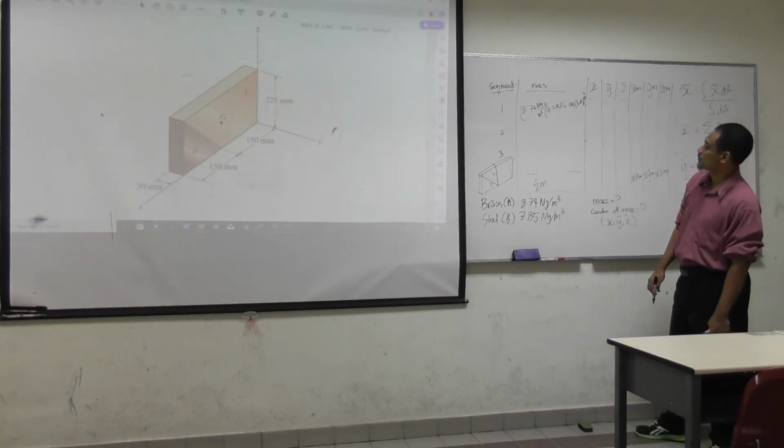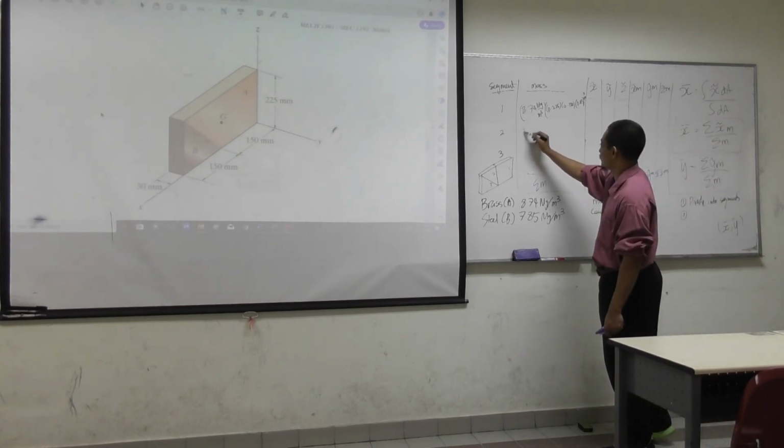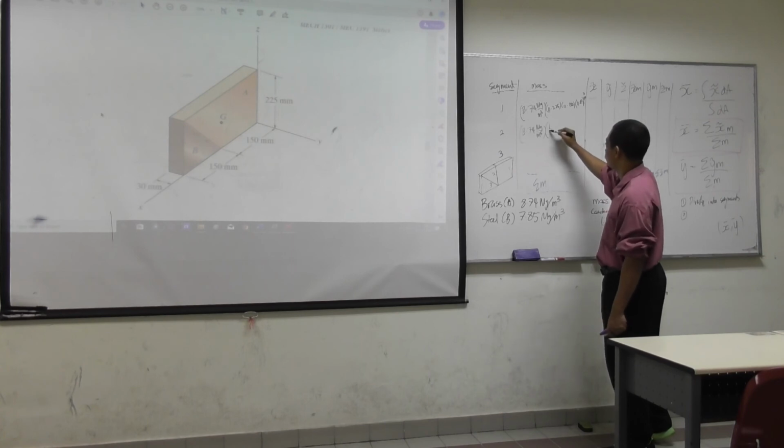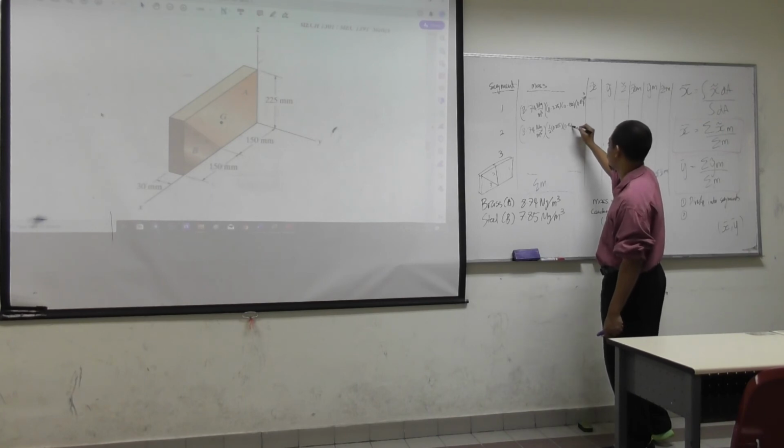25, 1, this one is still the same density, and then half times 0.225 times 0.150 times 0.03.